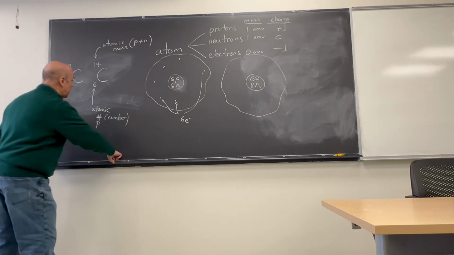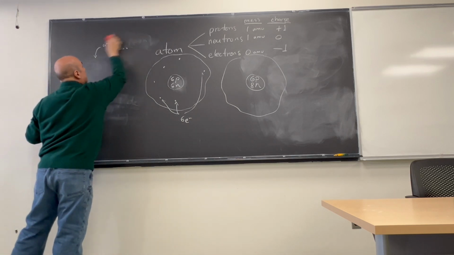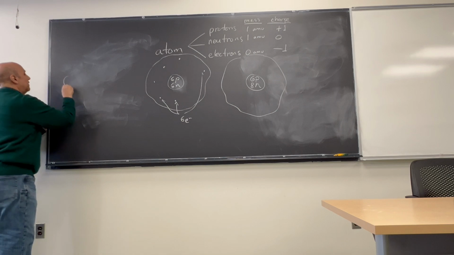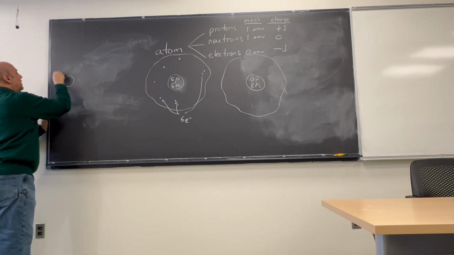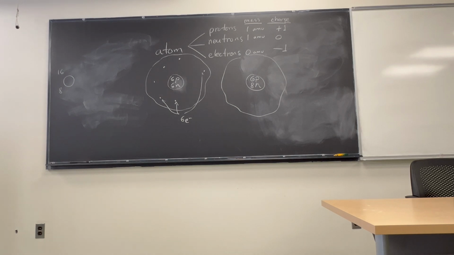So what if I were to write here, instead of that, something from the PowerPoint presentation. I have oxygen, and I have a 16 here and an 8 there, and then there's a couple more. I'm just going to copy one more.